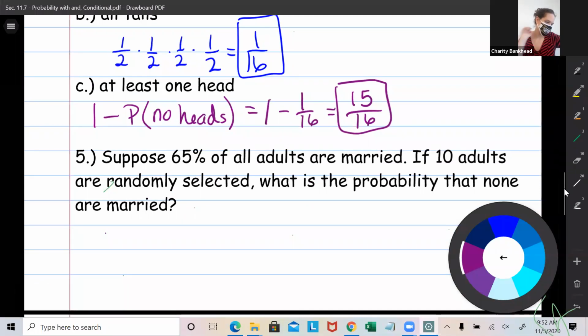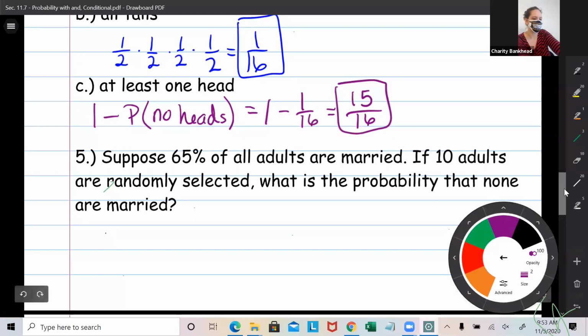Okay. Suppose 65% of all adults are married. If 10 adults are randomly selected, what is the probability that none are married? So, all right, so 65% of all adults are married. That means if you randomly selected 1 adult, then the probability that adult is married is 0.65. And the probability that they're not would be 0.35, because we just subtract that from 1.